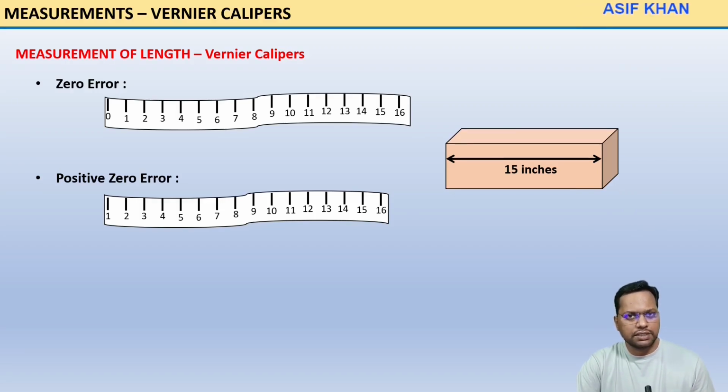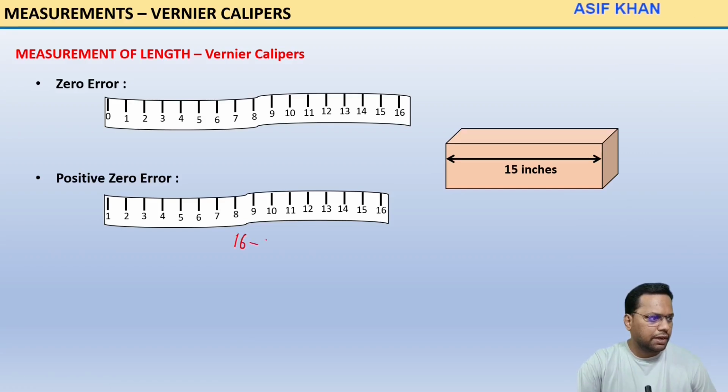This type of measuring tape is said to have a positive zero error, and it needs a correction. So we know that the length of the missing part is 1 inch. Therefore, the correction for the observed reading, 16 inches, will be 16 minus 1 inch. The reading will be 16 minus 1, that is equal to 15 inches.